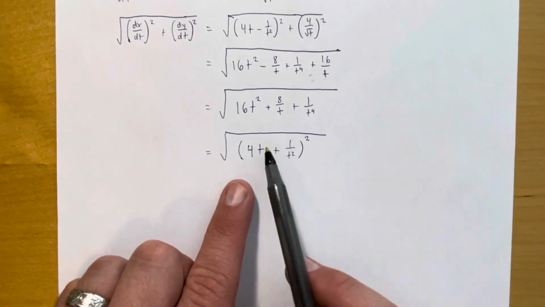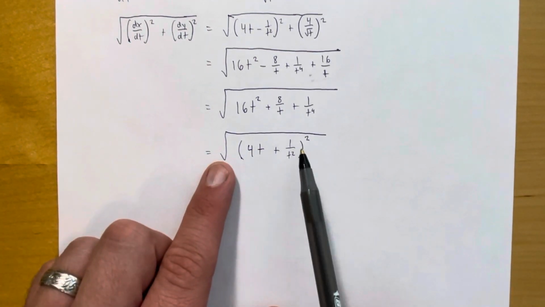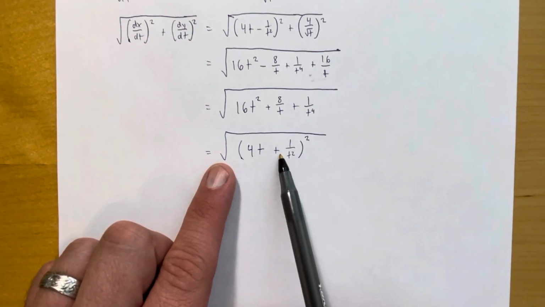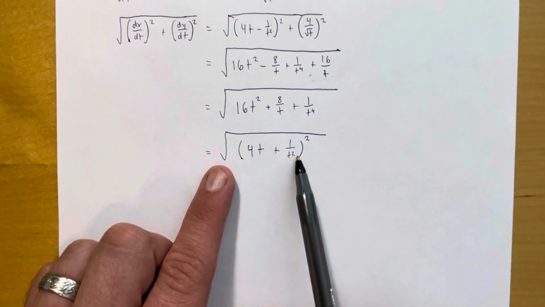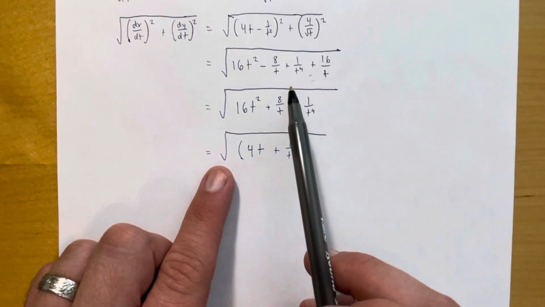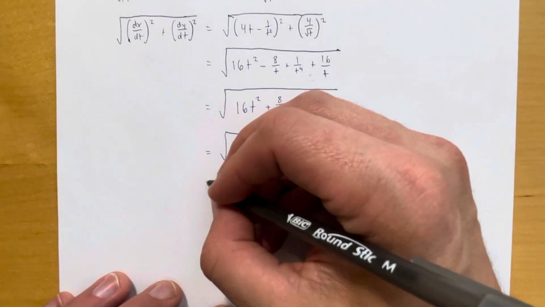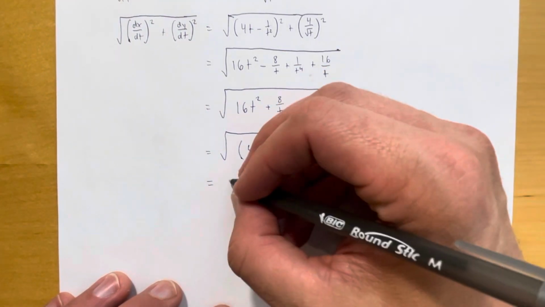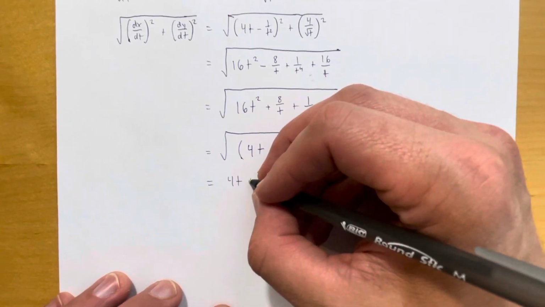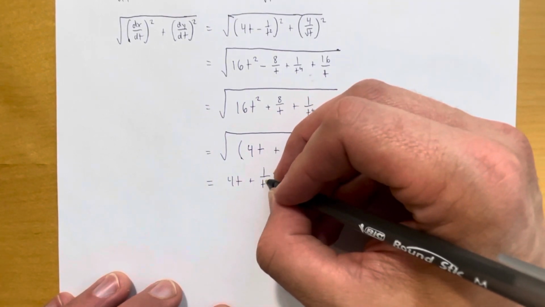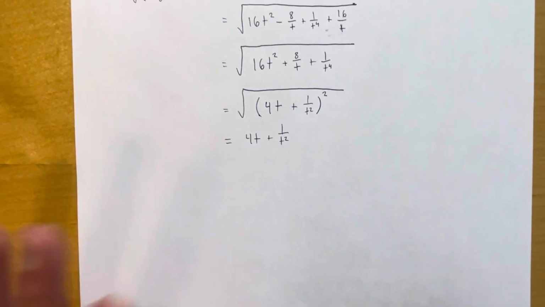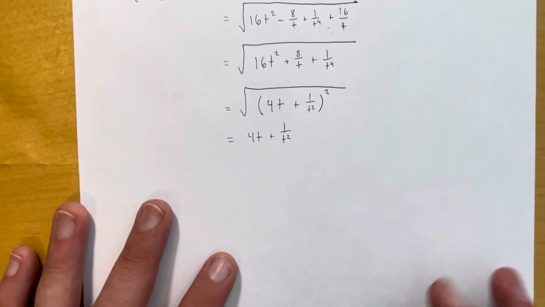And remember that perfect square trinomial, when you multiply it out, you get 2 times this term times this term. Well, this times this would be 4 over t, and if I multiply that by 2, I get 8 over t. So this is, in fact, how that thing simplifies. This now just becomes 4t plus 1 over t squared, which is great because that makes that way, way simpler.